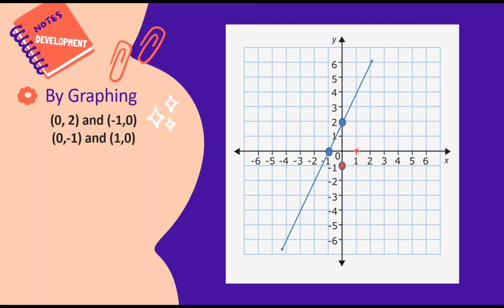So, tayo ba ay moving upward, downward, or magre-remain tayo dito? Okay. So, we need to stick on this position kasi nandito na yung 0 natin, katapat na. 1 and 0. So, let us write or draw the point. Yan. So, we have 2 points na.